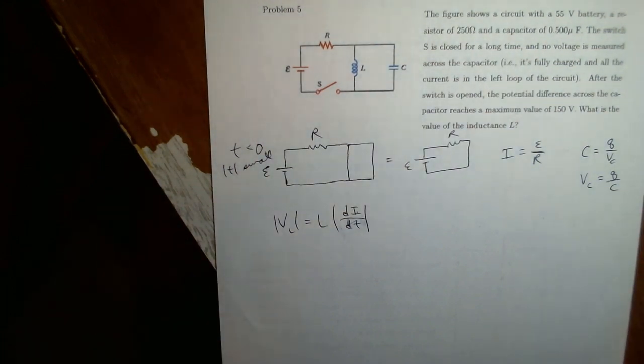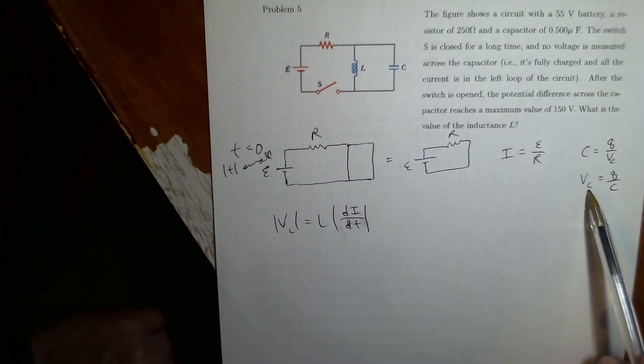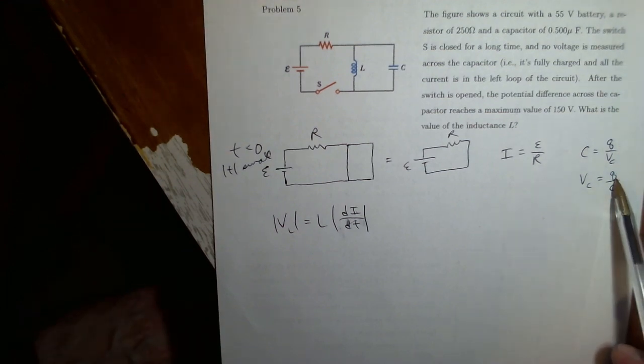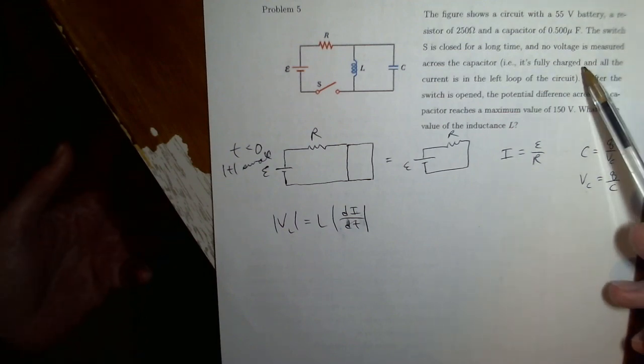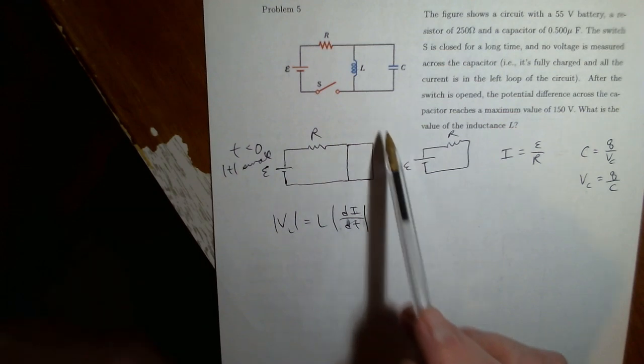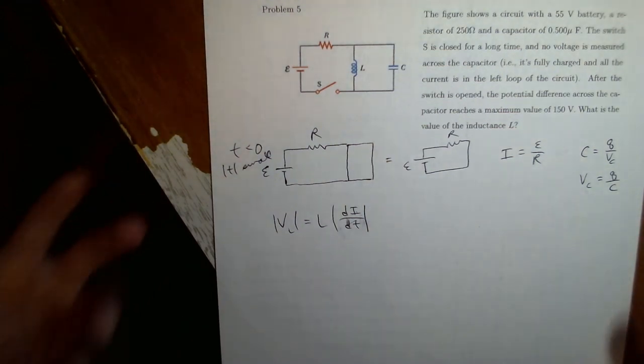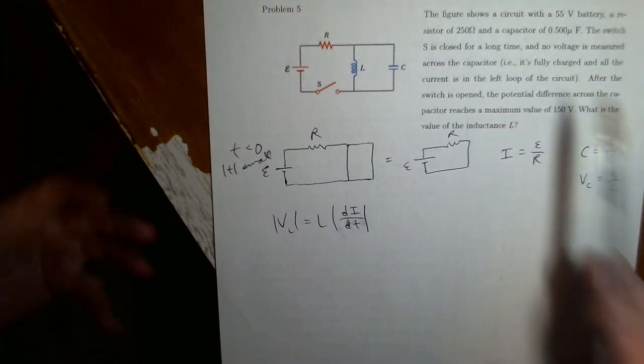So the fact that there's no voltage measured across the capacitor means there's no charge on the capacitor, but it's the same thing as saying it's fully charged, because in this circuit, as time goes to infinity, the full charge is 0. Okay, so it's just an odd way to say it.